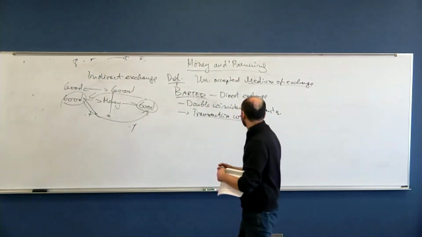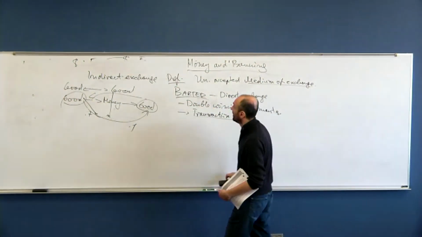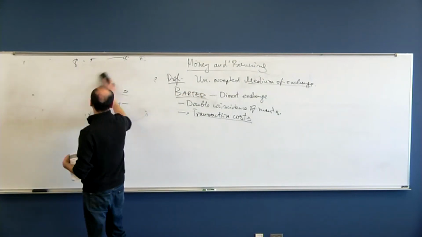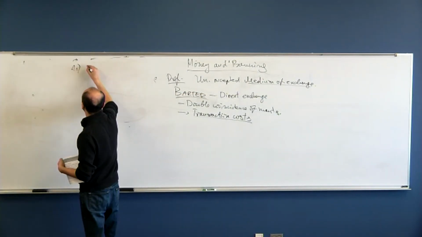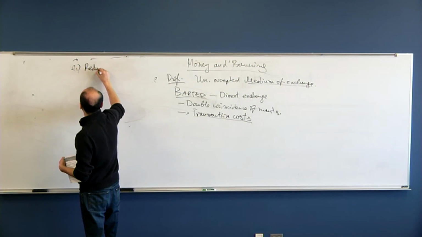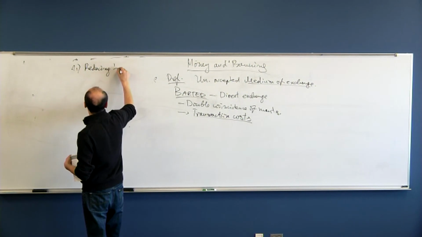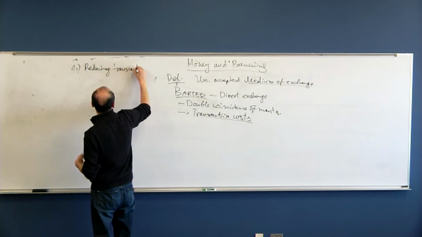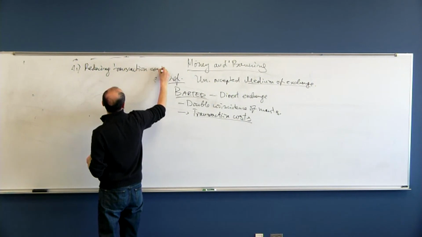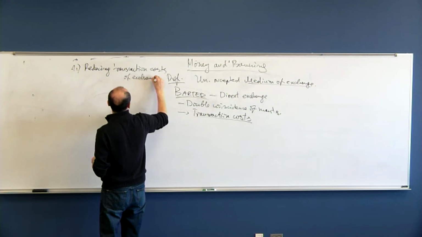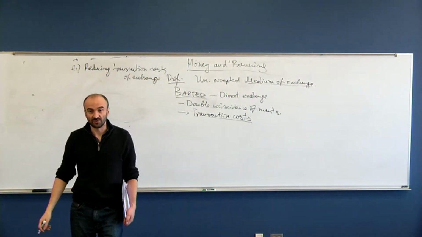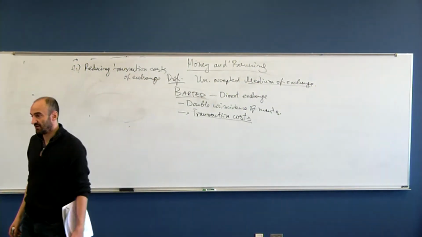So, the functions of money are: the first one we just saw, reducing transaction costs of exchange. To see how many more transactions you can carry out with money than without money.